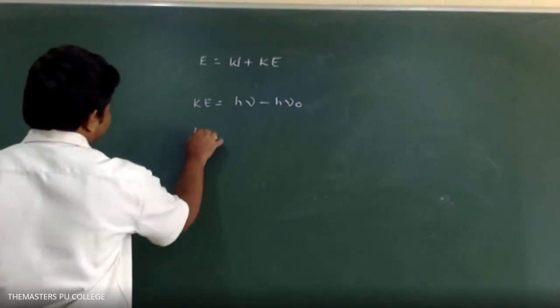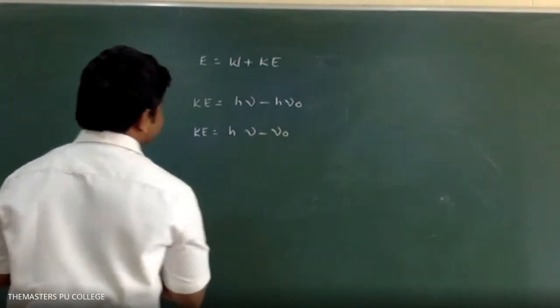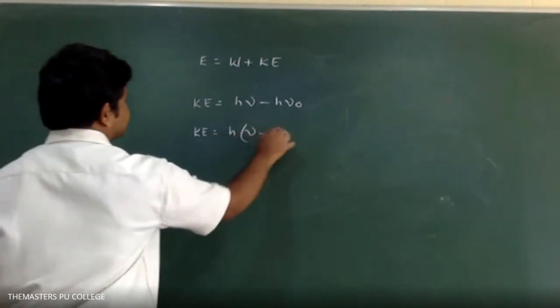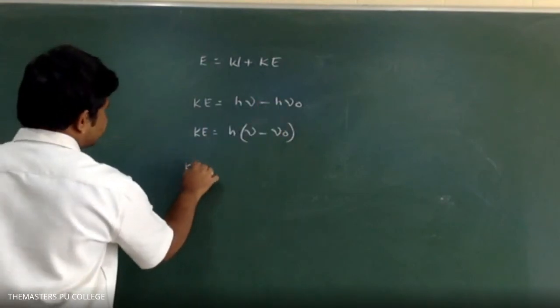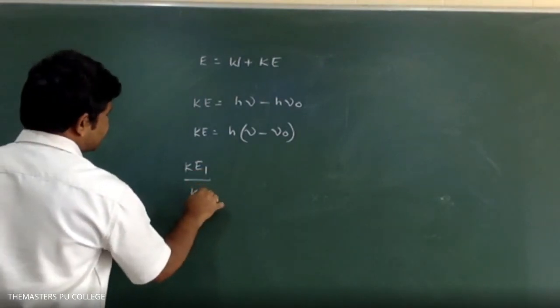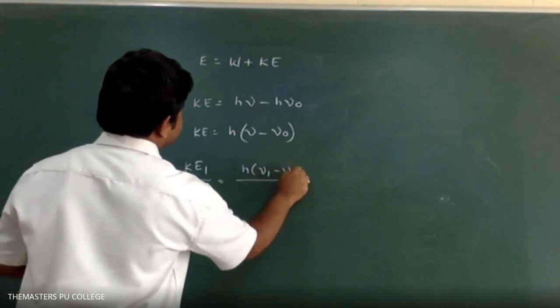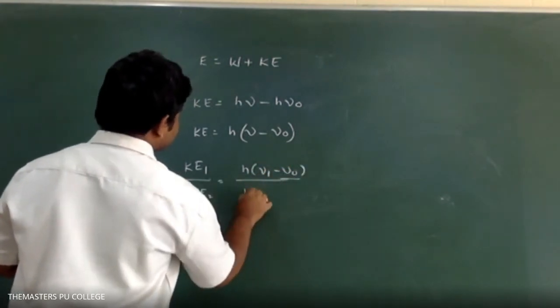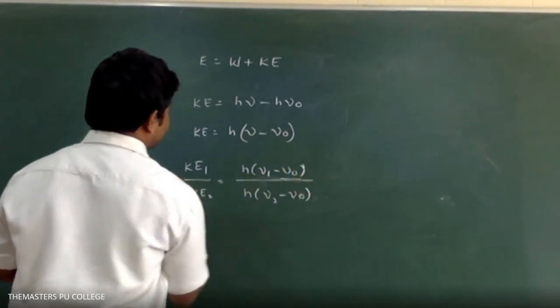So KE is equal to h into (nu minus nu naught). This is also one formula, by taking h as common. Next, if you compare two kinetic energies, you will get KE1 by KE2 is equal to h into (nu1 minus nu0) divided by h into (nu2 minus nu0). This is one more formula.